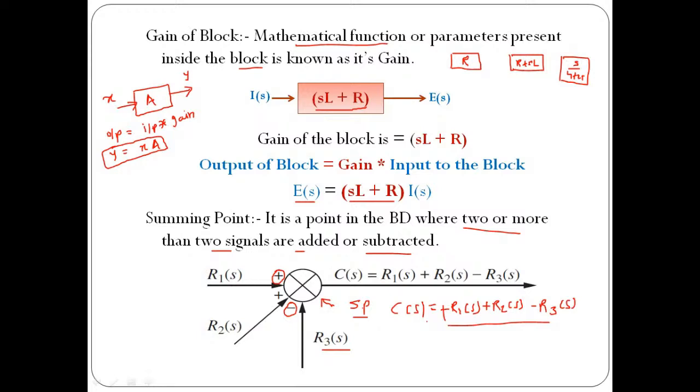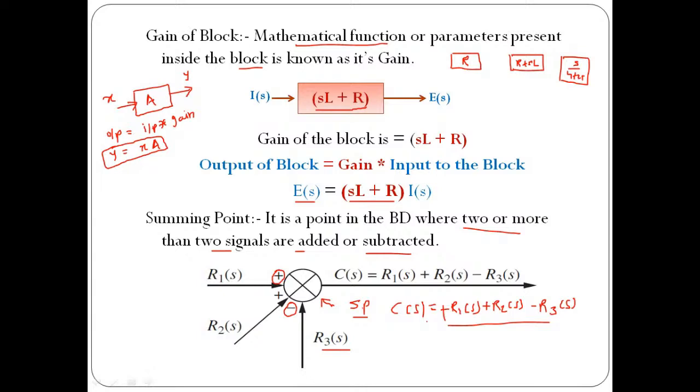So I hope this point is clear to everyone: what is the gain of the block, what is the relationship between output and input, and what is the meaning of summing point. A summing point is a point in the block diagram that is basically used to add or subtract two or more signals at a time.